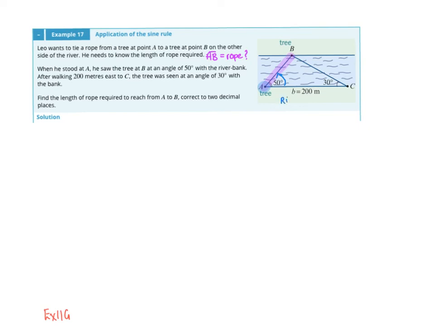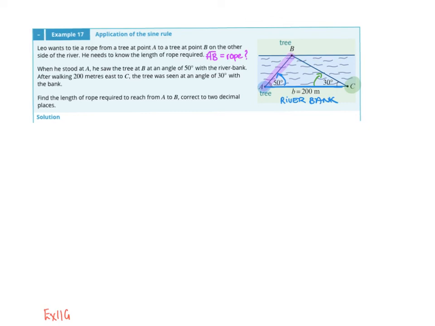So here is the riverbank, and that's like the horizontal, the straight line along there. This is the riverbank, and it makes an angle of 50. He then walks 200 meters to point C, and then they say that the tree is on an angle of 30 degrees with the riverbank. So there you go. So you've been given that.